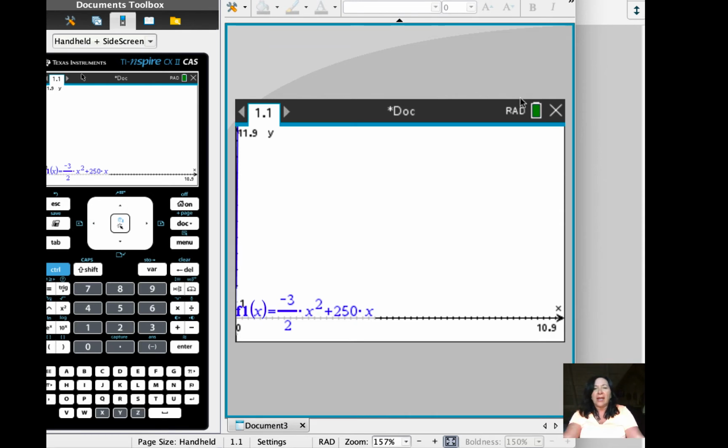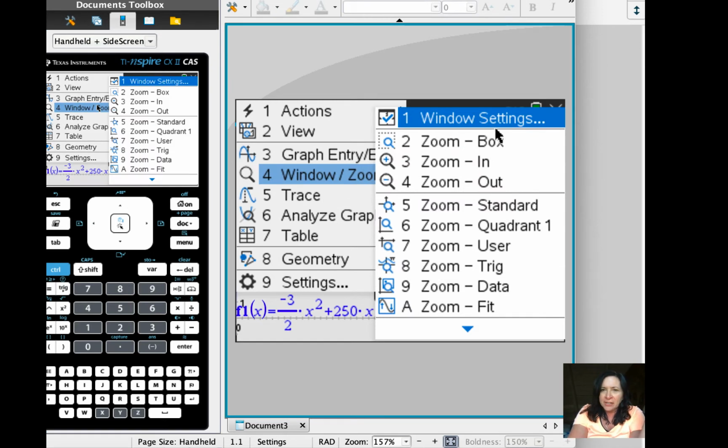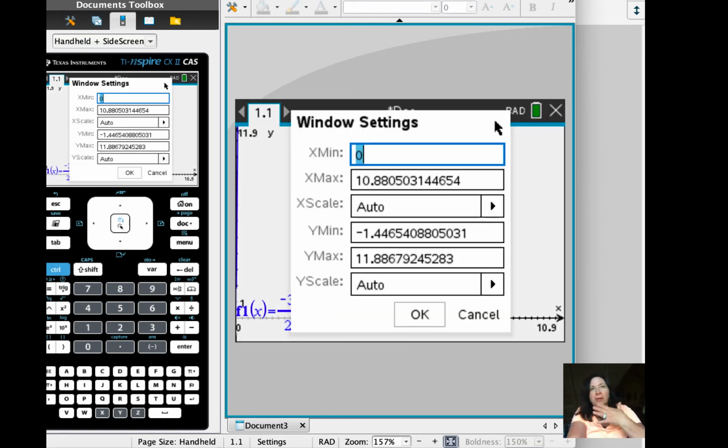We are talking about a very large area, so if you go to your menu, you are going to have to change your window, and of course you can zoom out or zoom in to see where your graph is.